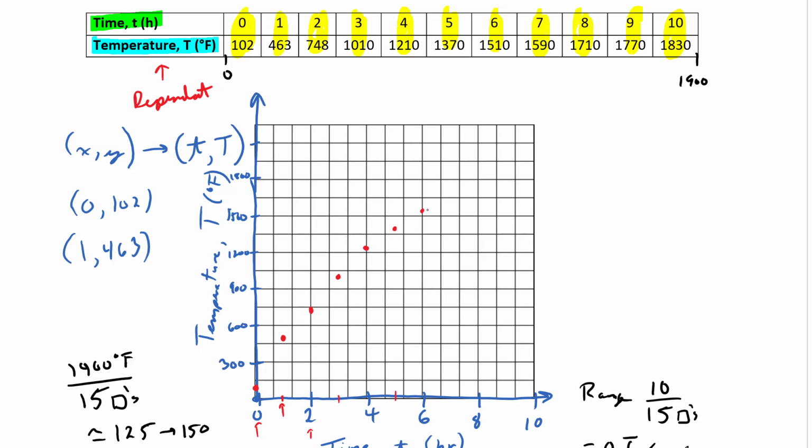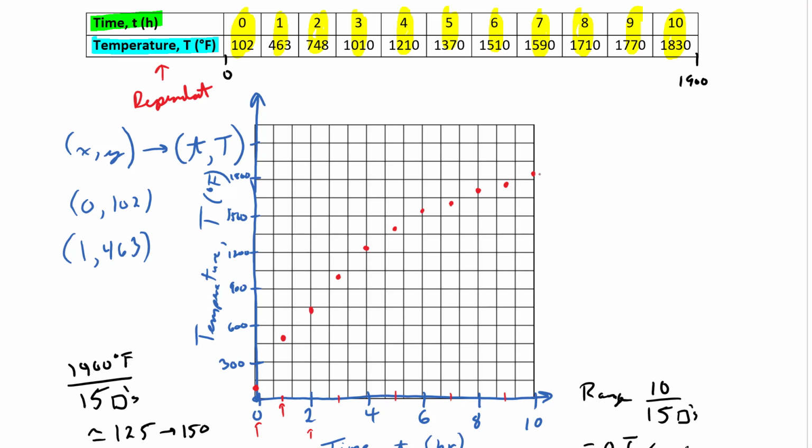We have 7 and 1590 in between the two. 1590, this would be 1650, so we're plateauing off here. Notice that. We then have 8 and 1710. This would be 1650, this would be right above. And then 9, 1770, 9 is right here, 1770 right below that one there. And then lastly 10 and 1830.